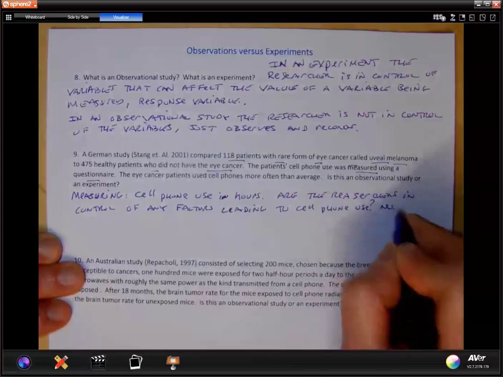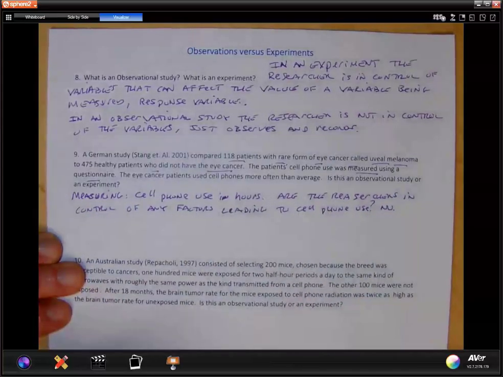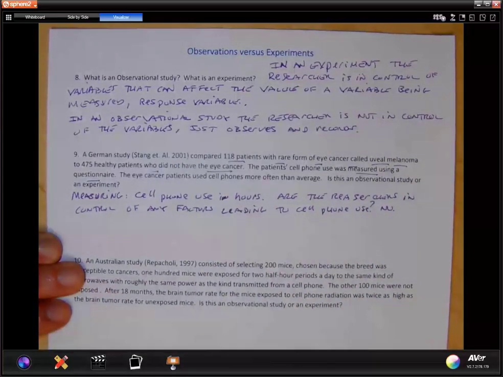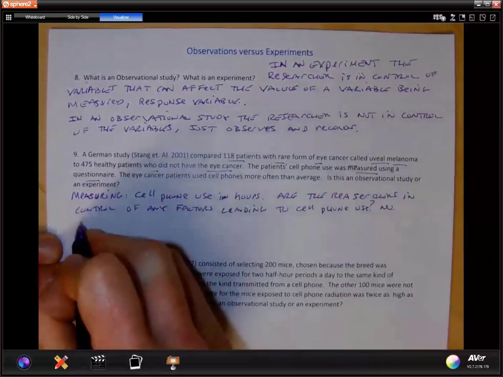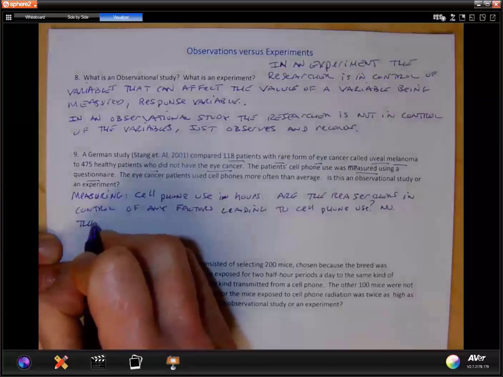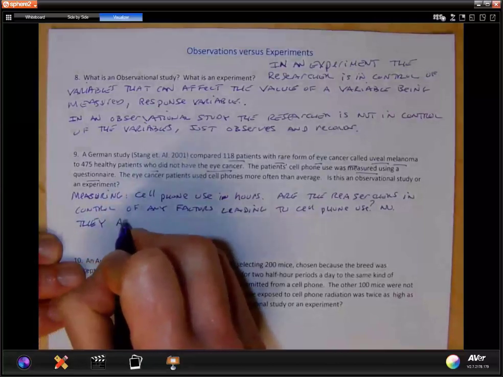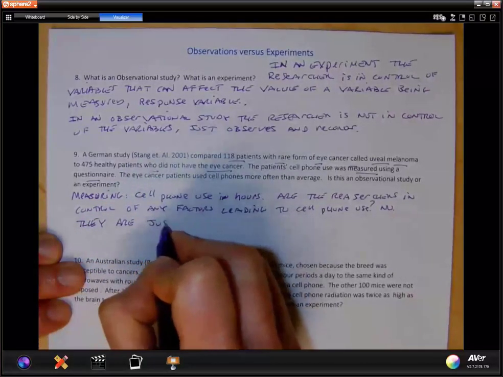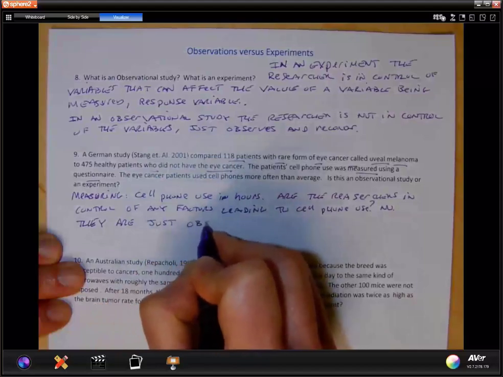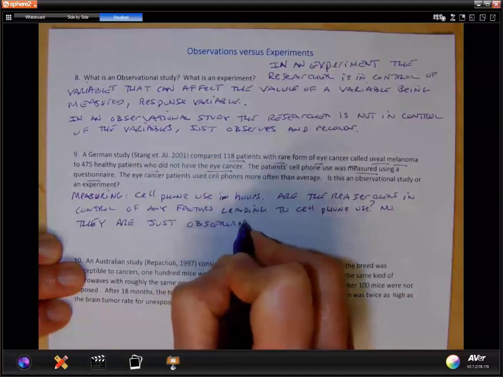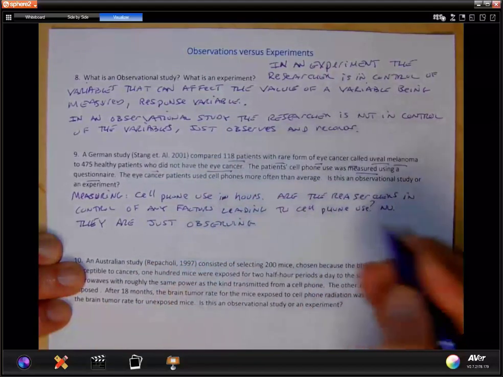Well, the answer is no. They're just measuring what the cell phone use is. So they're just observing. So this is an observational study.